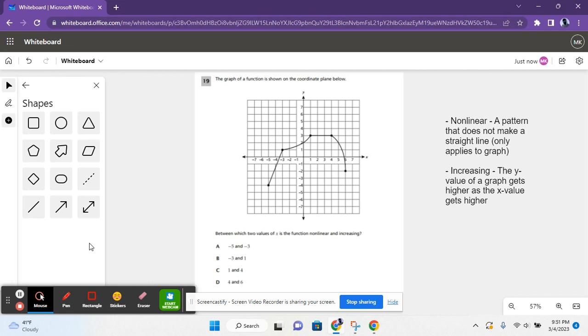And that is between x values negative 3 and 1, because the x value is getting higher and the y value is getting higher, but it's a curved line and not a straight line. And that leaves us with answer choice B. Let's move on to the next problem.